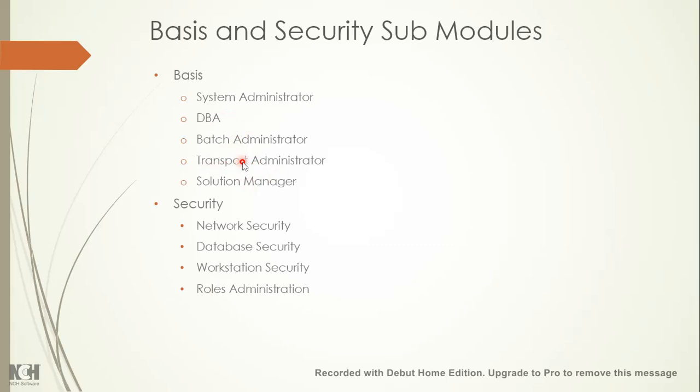If you remember, earlier I had mentioned that in SAP we have this landscape: development, quality, and production. To take your changes from development to quality, we call it a transport request creation. So basis is responsible to manage the transport related activities.